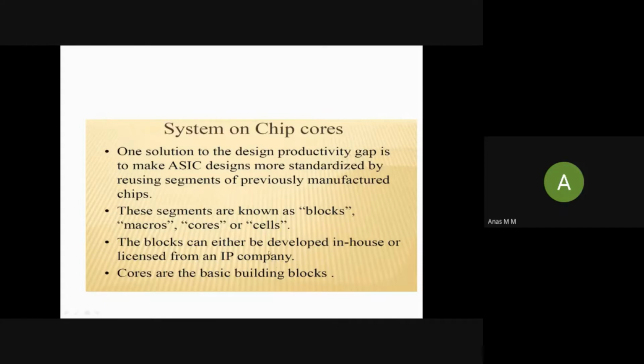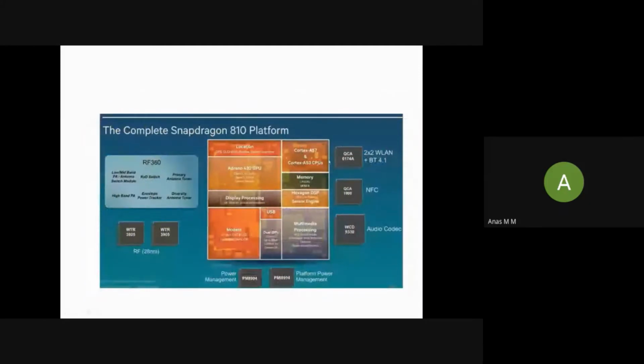But in the case of some companies like Samsung, they have their own in-house intellectual property processor. So that is another thing. Here in Snapdragon, we are using an IP from ARM, and Qualcomm bought that intellectual property from ARM to manufacture the Snapdragon.